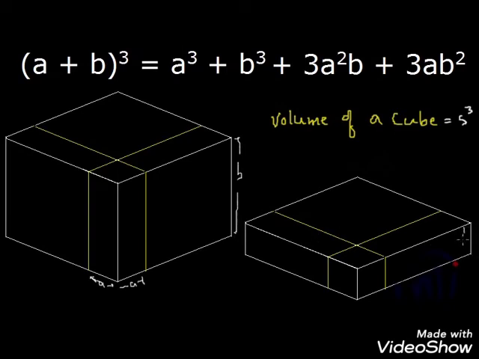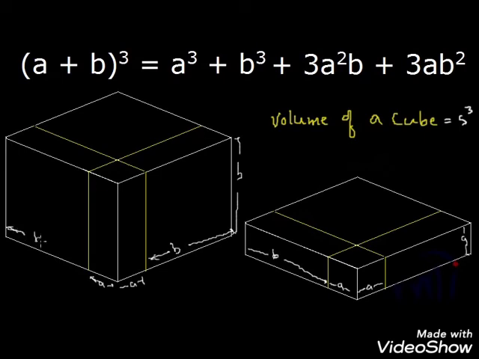This much is A, right? And here also this length will be A, right? This will also be A, and the rest of it will be B, right? Here this will be B as we had in our original cube.